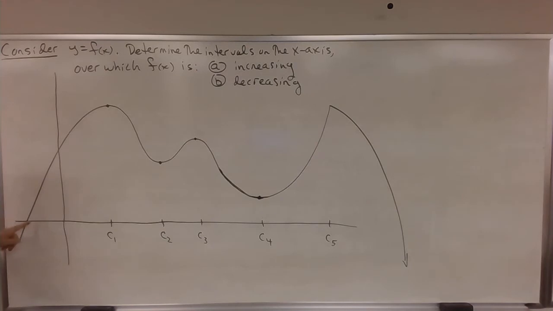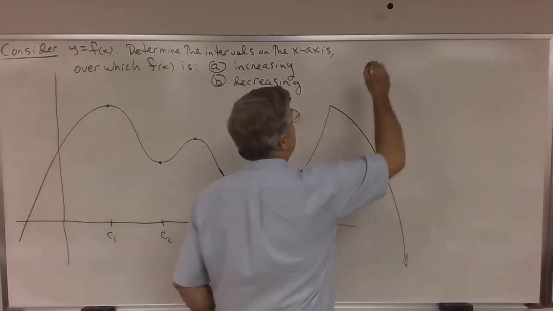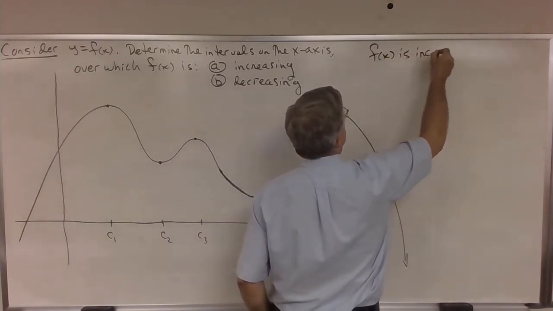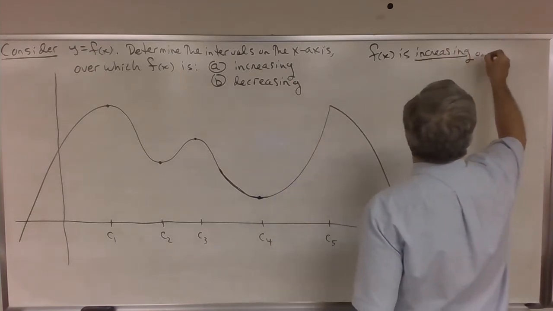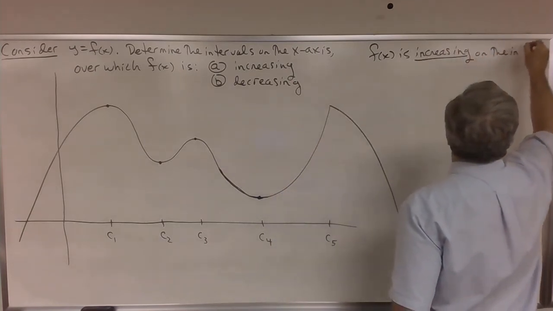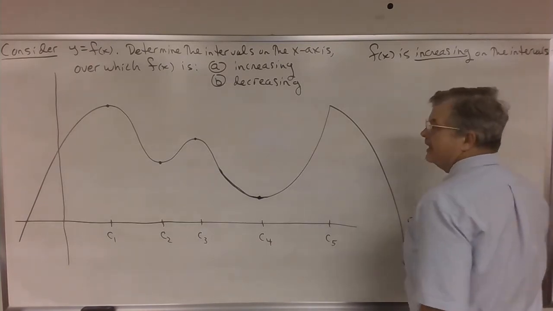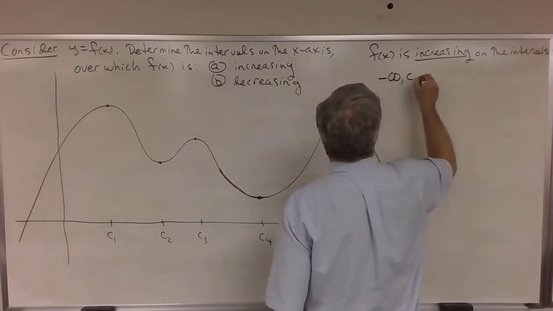So from negative infinity on the x-axis, way out here, to the point C1 on the x-axis, f of x is increasing. So I'll write that down. F of x is increasing on the intervals negative infinity to C1.